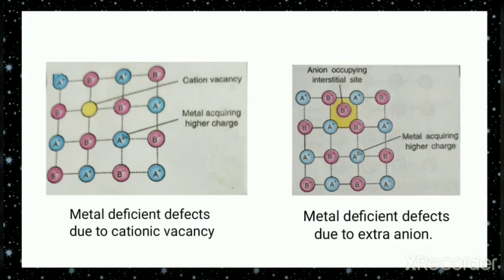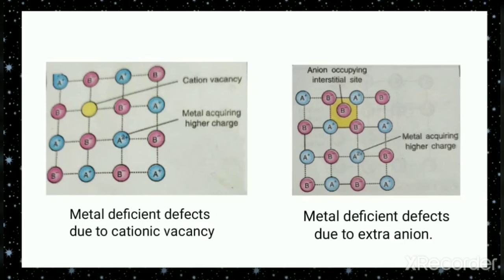The extra negative charge may be balanced by some nearby metal ion acquiring 2 positive charge instead of 1. Due to this, 2 positive charge is developed on another positive ion in order to maintain neutrality.